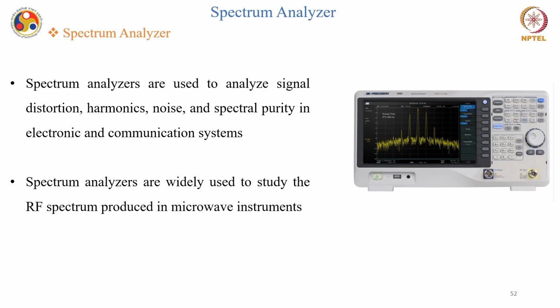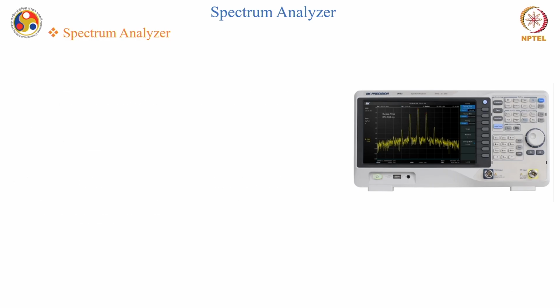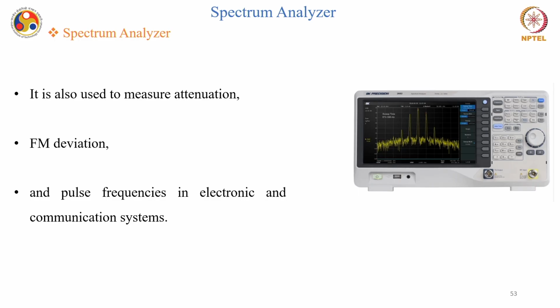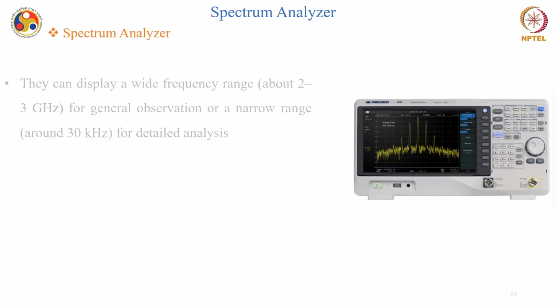They are used to analyze signal distortions, harmonics, noise, and spectral purity in electronic and communication systems, and spectral analyzers are widely used to study the RF spectrum produced in any microwave instrument, but particularly if the signals are very close to each other. It is also used to measure attenuation, FM deviation, and pulse frequencies in electronics and communication systems.